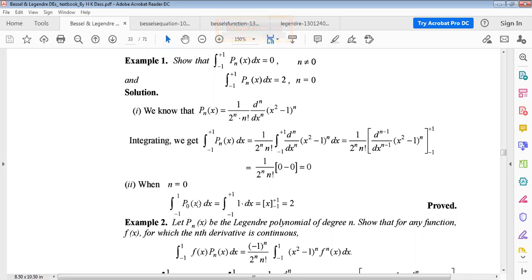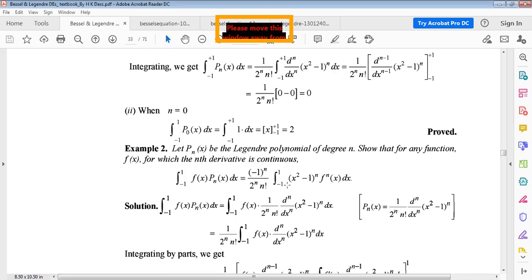That means only P0(x), which is n equals 0 in the Legendre polynomial. So this is only 1, and the integration of 1 dx, if we put the upper limit and lower limit, we get only 2. This is actually very easy maths.